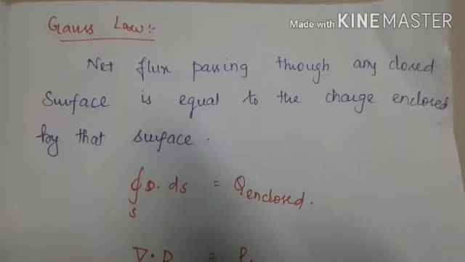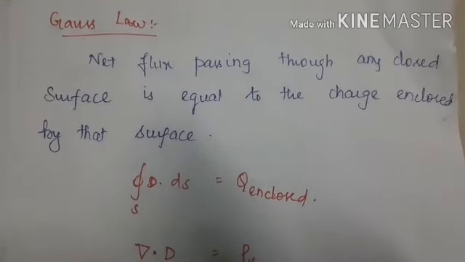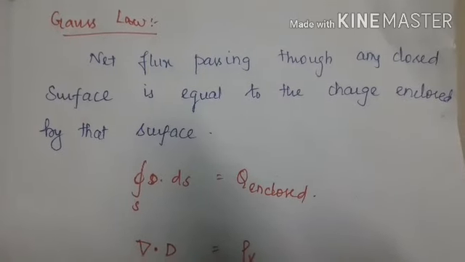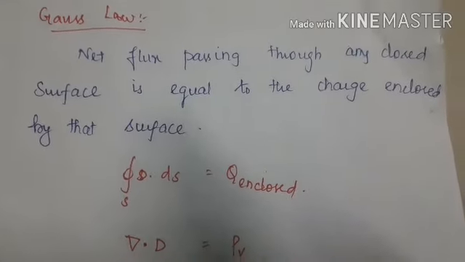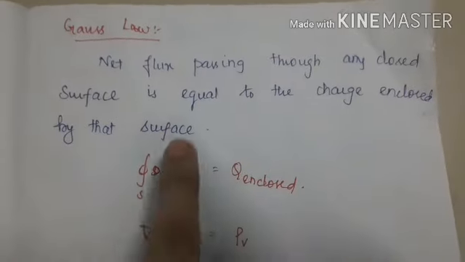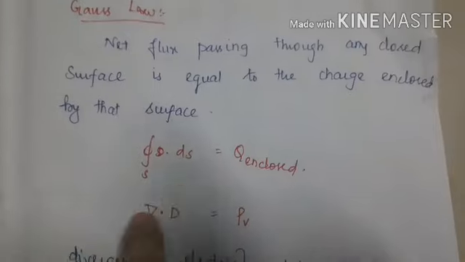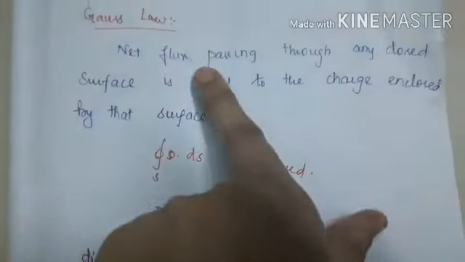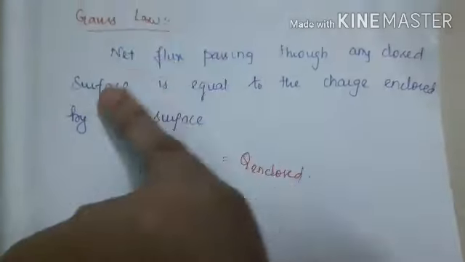Then Gauss law: the net flux passing through any closed surface is equal to the charge enclosed by that surface. It is represented by the surface integral, but over a closed surface.